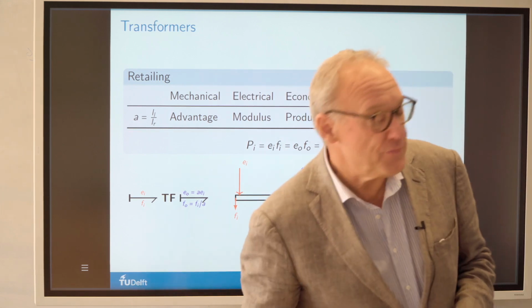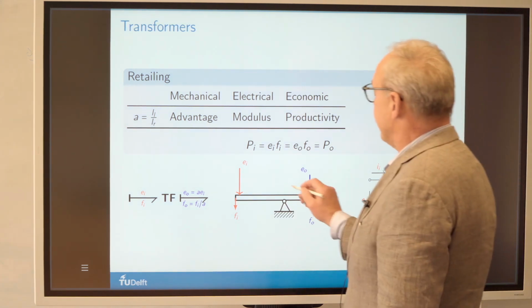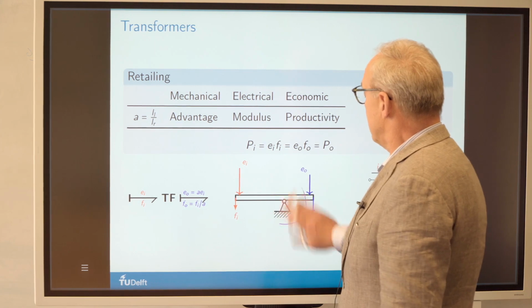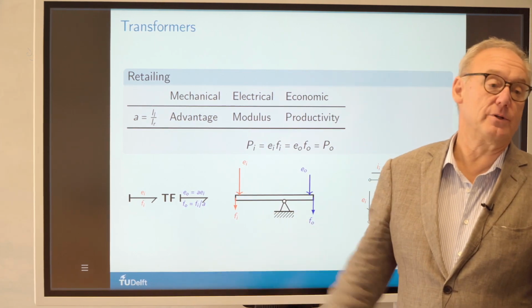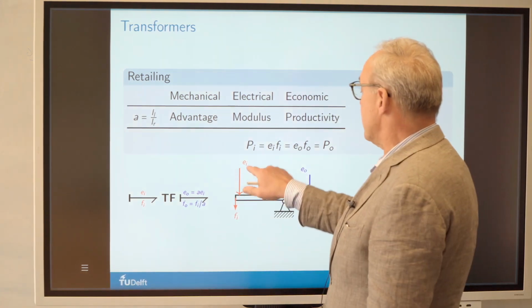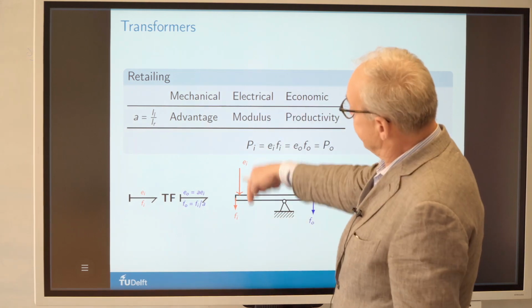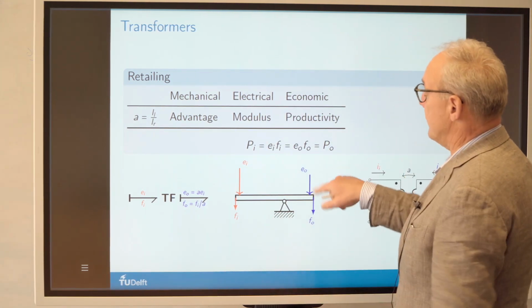So first, transformers. Let's first say what the simplest transformer is. I've got it right here. It's just a lever. What does a lever do? You probably all know that. You press with one force, that's the effort, the input. And to bring this thing in balance, you have to put another one.